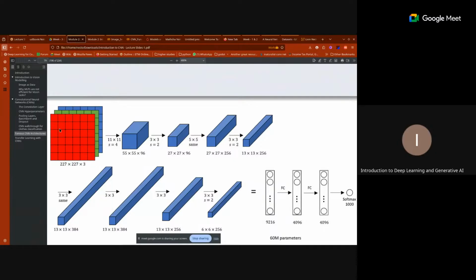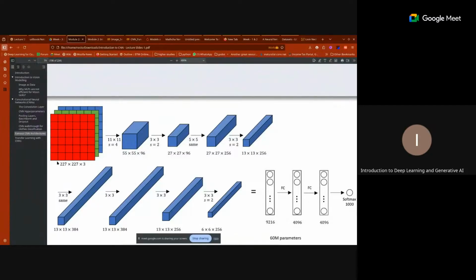Let's differentiate between 1D convolution, 2D convolution, and 3D convolution. In a 1D convolution, the kernel moves only in one direction. If you are doing 1D convolution on this image and the dimension is 3, the kernel will have a shape of 3 and it moves in this direction.